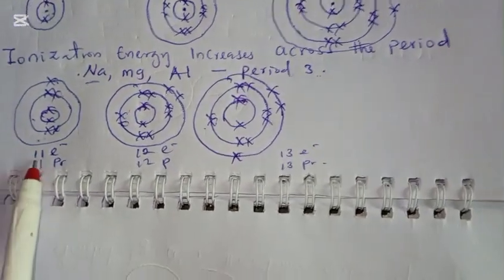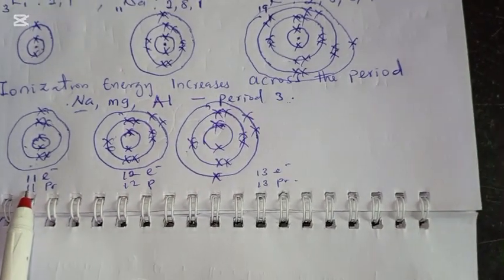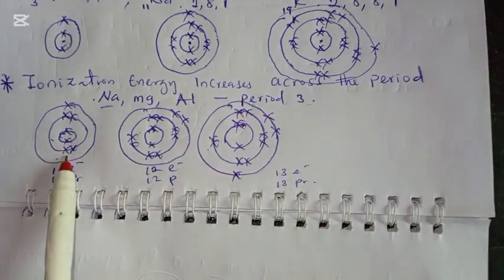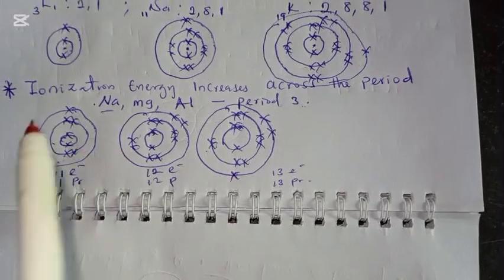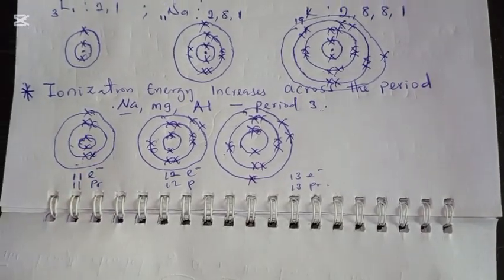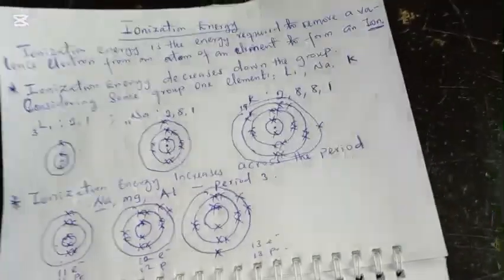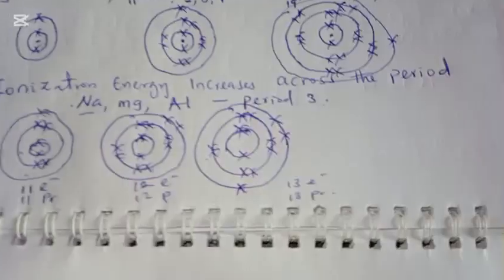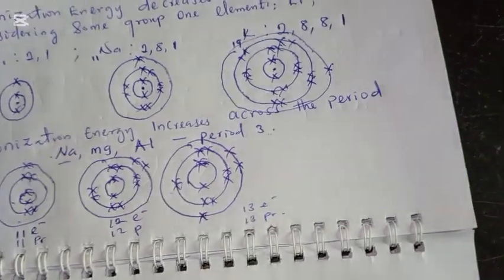Now, if you observe the trend of the number of protons here, you notice that it increases from left to right. As a result, the increase in the number of protons tends to drag the electrons closer to the nucleus. That is, as the protons increase from the left to the right of the periodic table, they tend to draw the electrons closer to the nucleus.